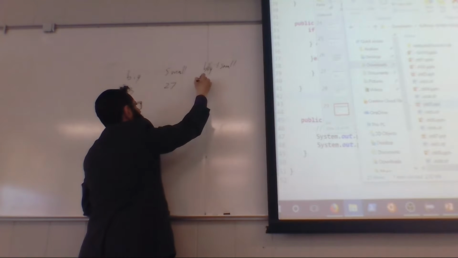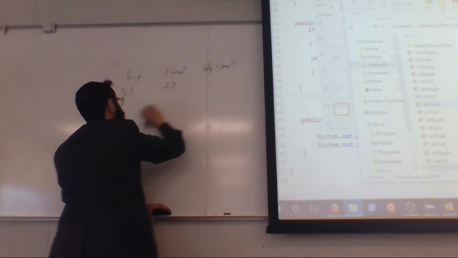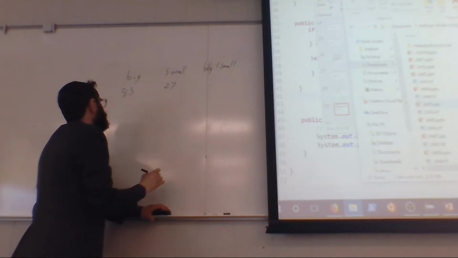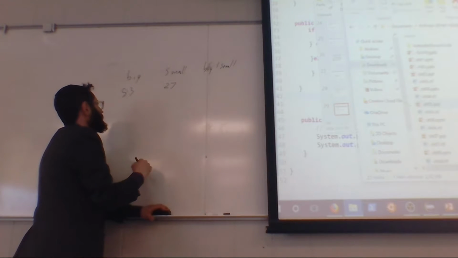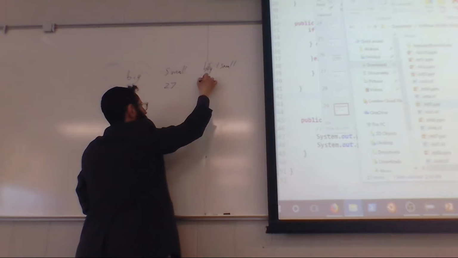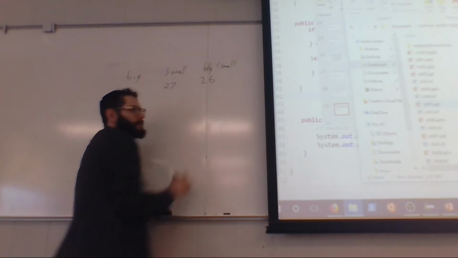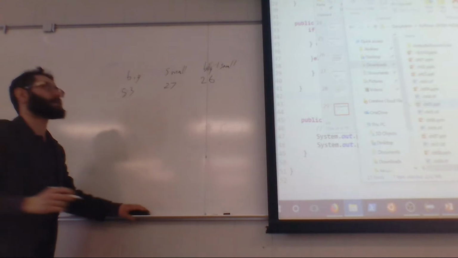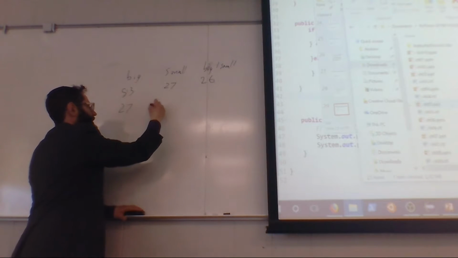This one mod this one is essentially a subtraction operation. So we get 53 minus 27, which gives us 26. So now 27 and 26.